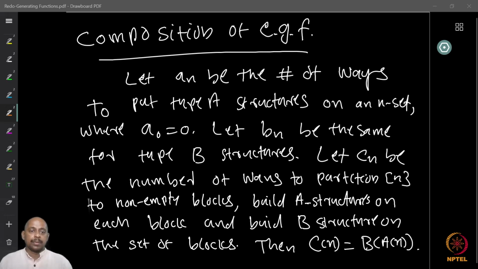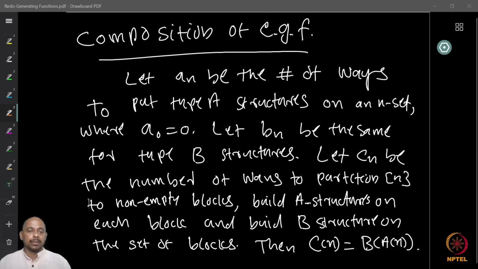Now, similar to what we did for the ordinary generating function, we can also talk about the composition of exponential generating functions. For this, let us start by assuming there are two EGFs, where An counts the number of ways of making, let's say, type A structures on an n-element set.